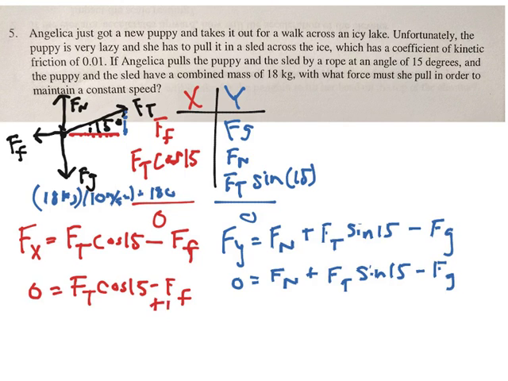So I'm going to move this over to become a little nicer looking equation. Ft cosine 15 is equal to the force of friction. And just so you know, the force of friction is equal to, and this is the kinetic, mu kinetic times the normal force.